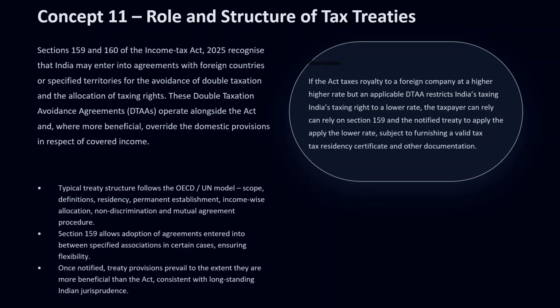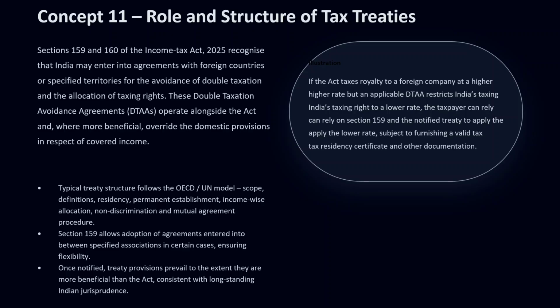They include the concept of resident and the concept of permanent establishment. They then allocate the taxing rights, income head-wise: immovable property, business profits, dividends, interest, royalties, FTS, capital gains, etc. And finally, they contain the administrative articles on the non-discrimination clause, the mutual agreement procedure clause, and the exchange of information clause.